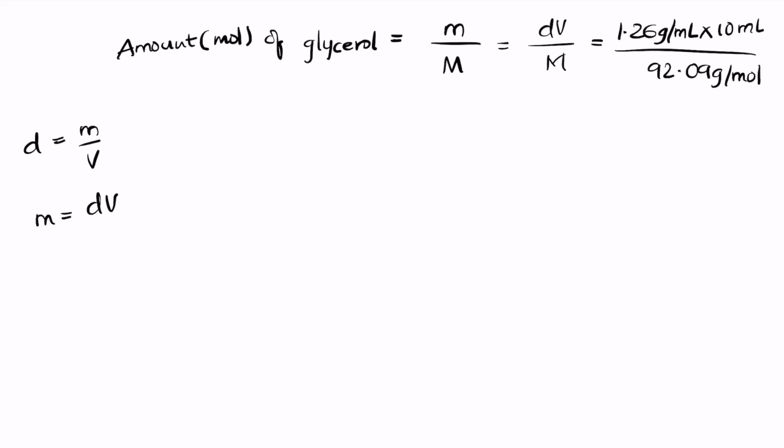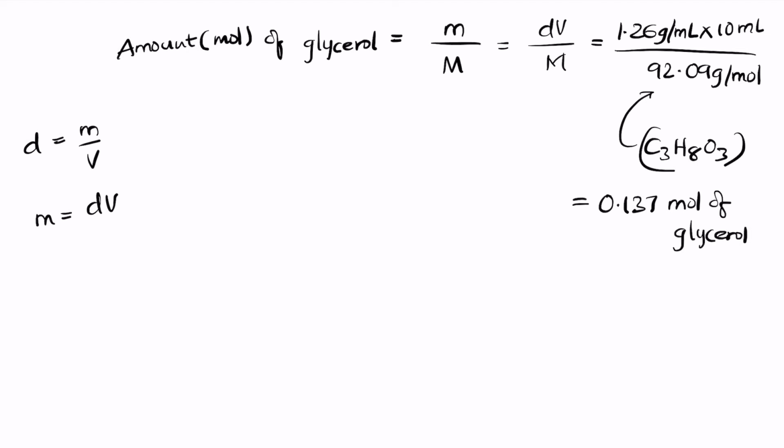Glycerol is C3H8O3, so when you calculate it using the periodic table, you get this value. So the amount in moles of glycerol will be 0.137 mole of glycerol.